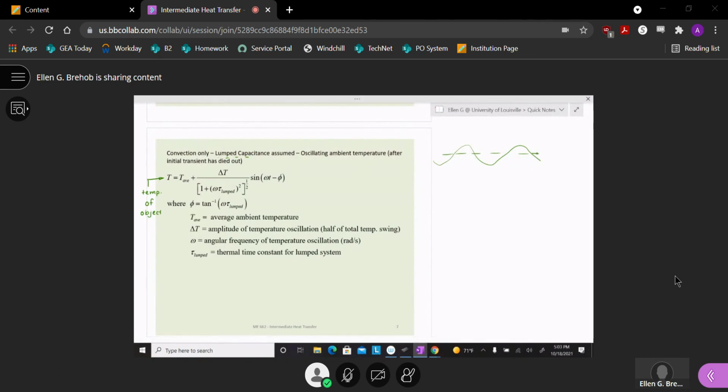The average temperature is whatever's driving this oscillating temperature, the average it goes through. Then amplitude is going to be half of the maximum swing. Then angular frequency is the rate at which the temperature oscillation is occurring. And the last thing is back to our thermal time constant, which we have seen before: rho volume C sub P over hA s.